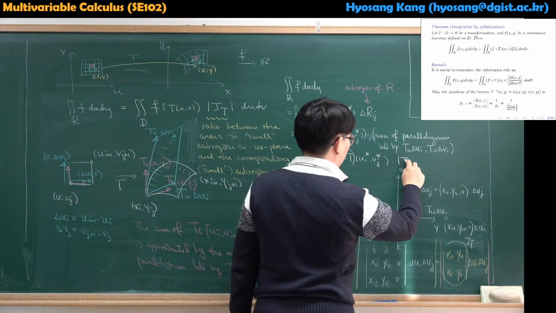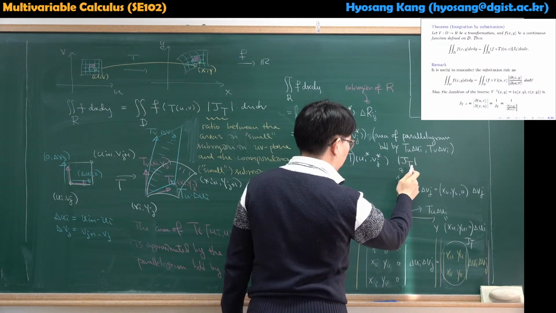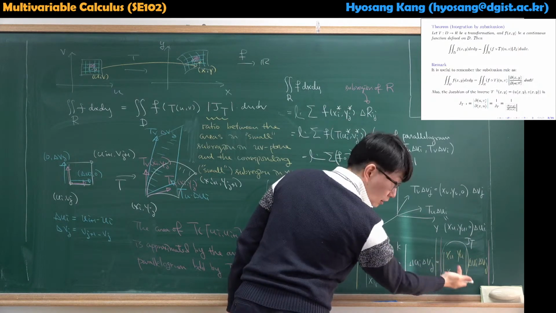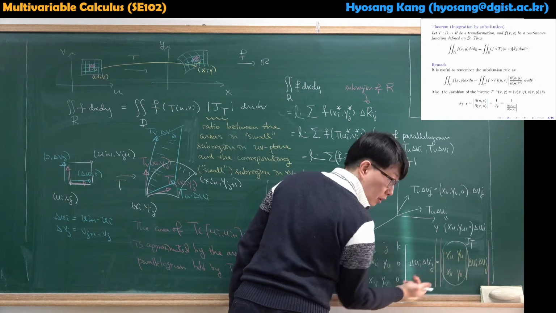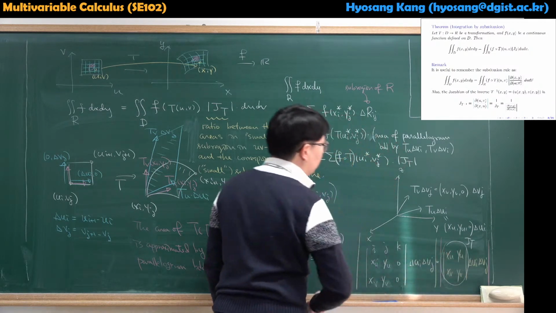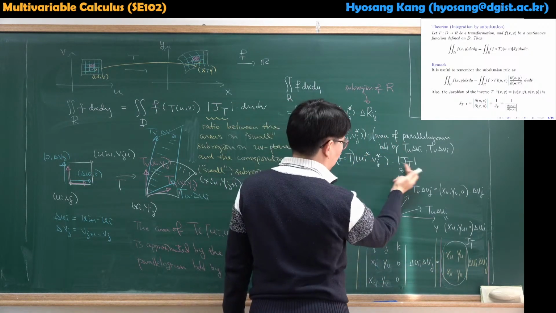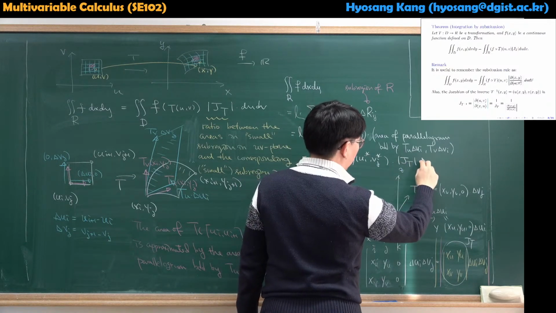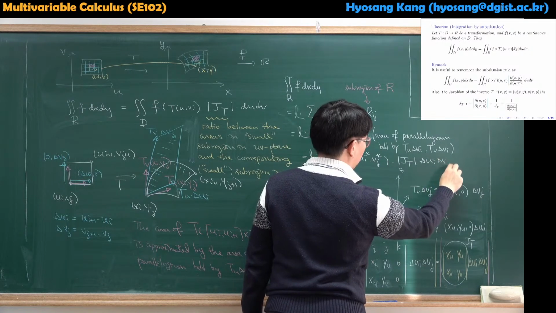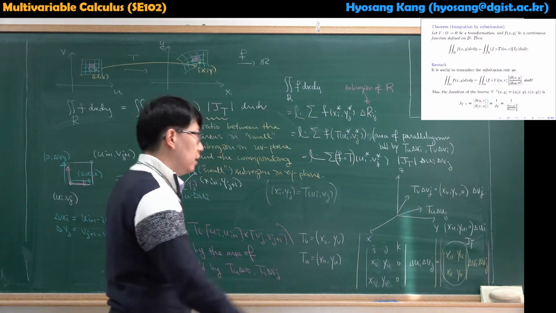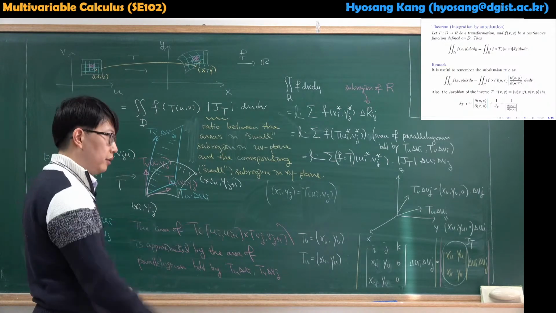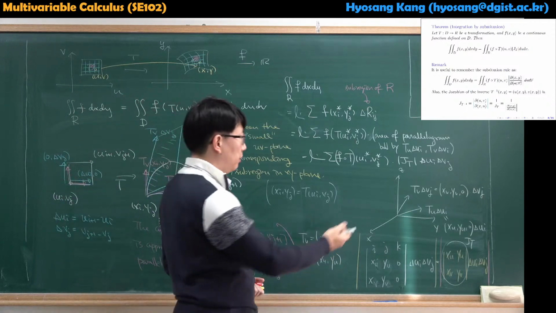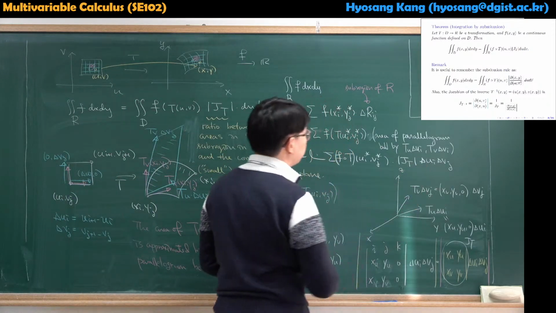So I take the absolute value of the Jacobian of T. Inside here, this symbol is not an absolute value sign, it is the symbol for the determinant, which becomes JT, and we have the absolute value sign around JT. And we have delta ui, delta vj. Assuming that my ui and vj are increasing subsequences of the interval, I don't need to put the absolute value sign around this delta.